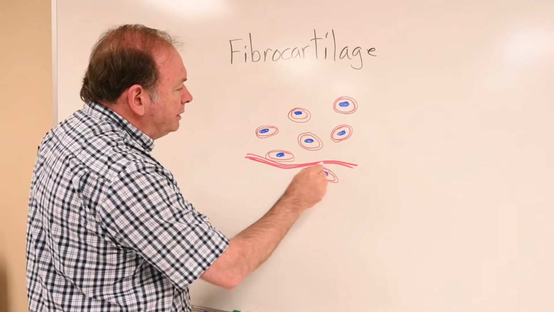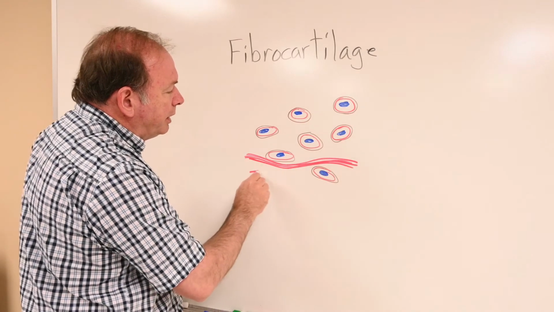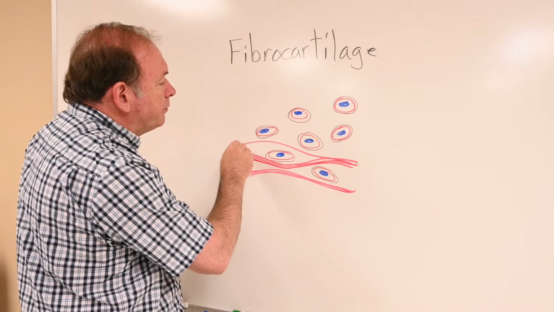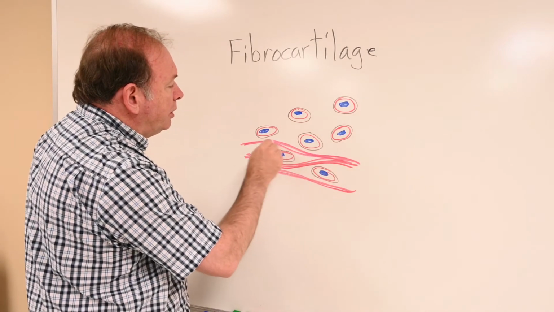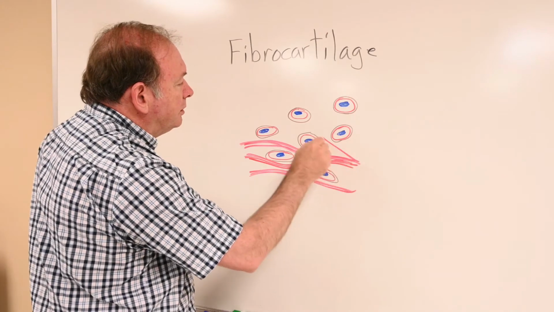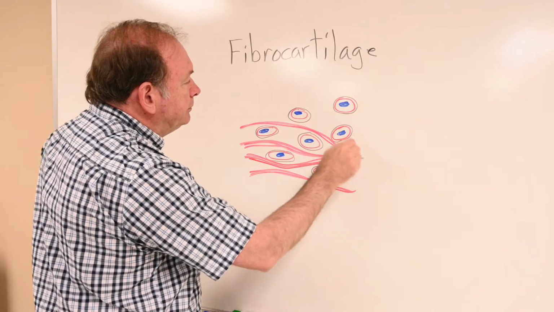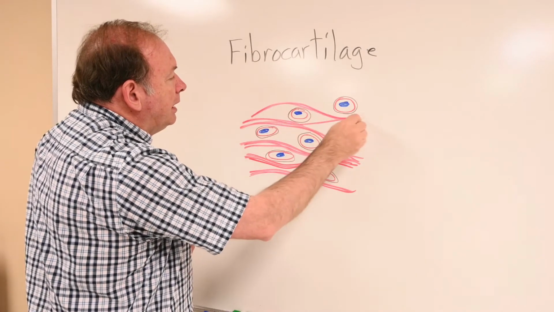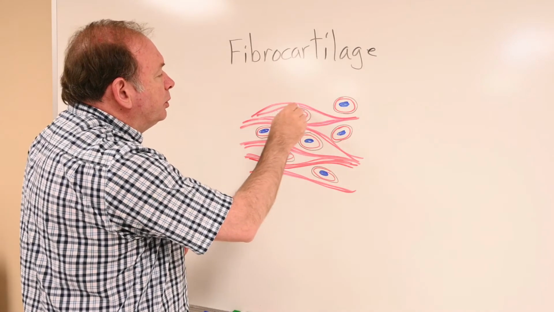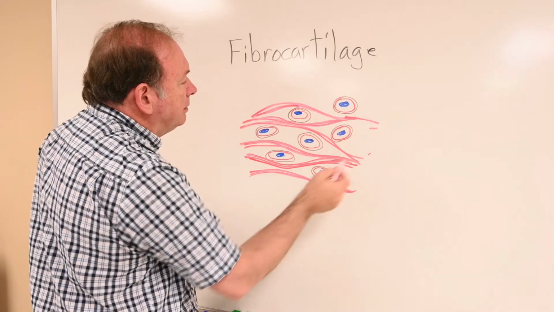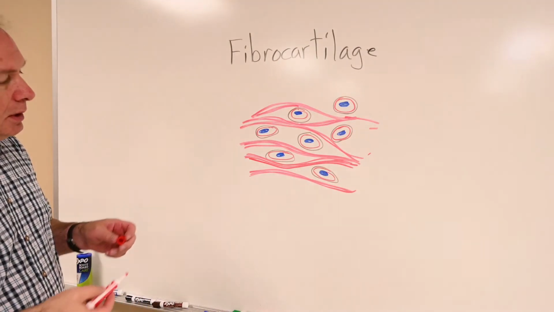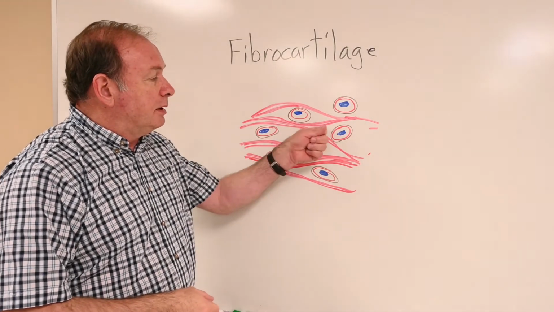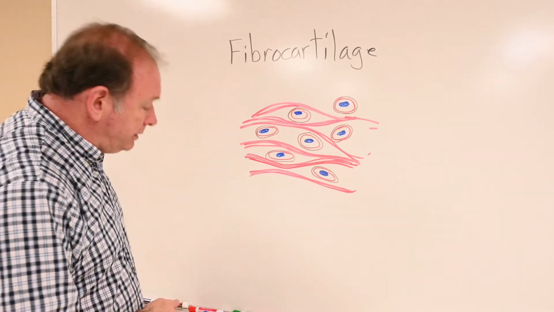Usually they kind of run in the same plane, same general direction through the fibrocartilage in most views, kind of weaving through between the chondrocytes in a pattern something like this. There'd still be a fair amount of that hyaline cartilage matrix out in between things.